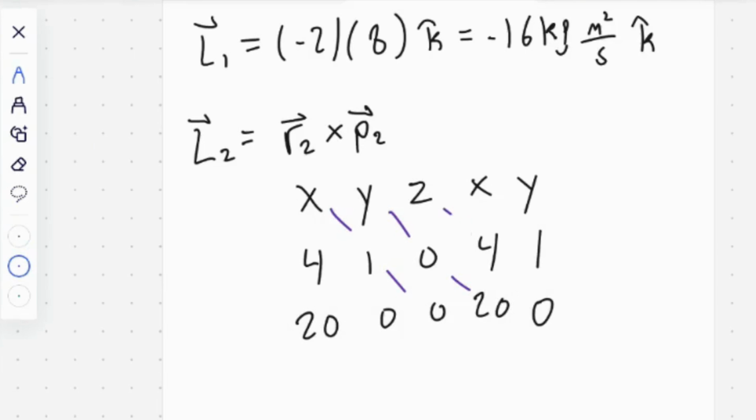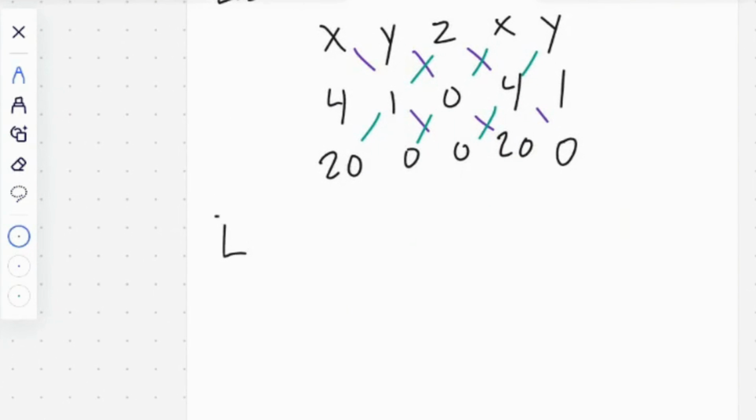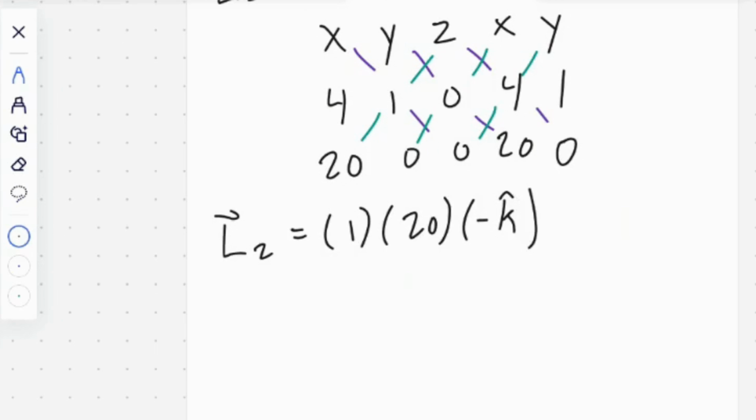So we do our cross product again. You'll see again, most of these are going to be 0, except for negative k-hat this time. Okay, so we get minus 20 for angular momentum of particle 2.